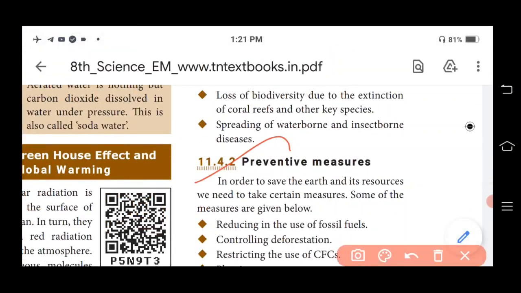So these are the topics you are going to learn in unit 11, Air.